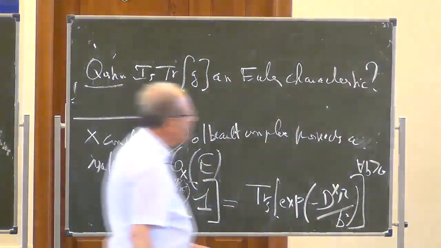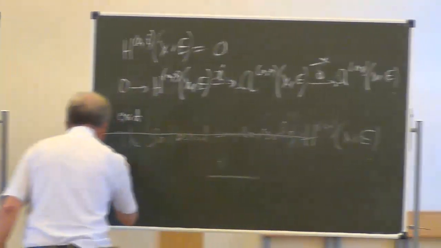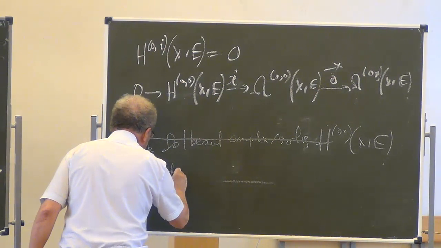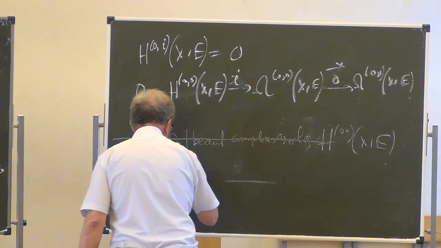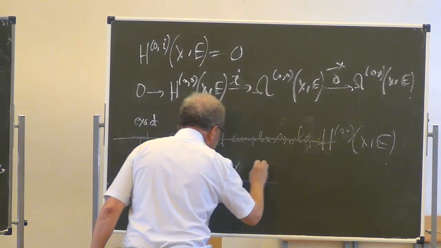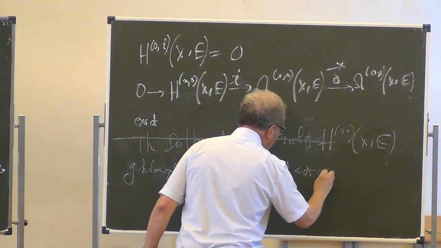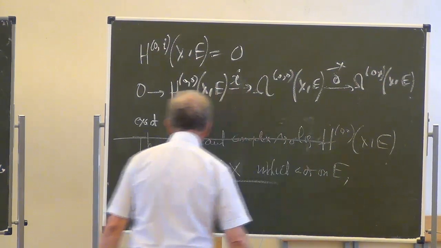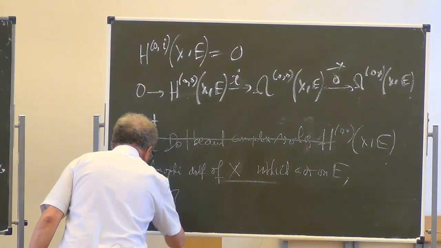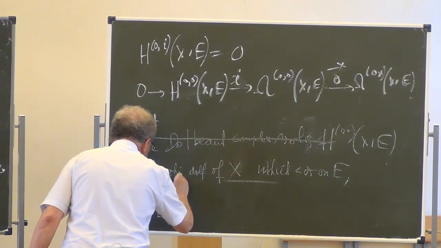Well, more generally, in the same context, if G is a holomorphic diffeomorphism of the manifold X which acts on E, you can define the corresponding trace of G acting on the cohomology H^0.